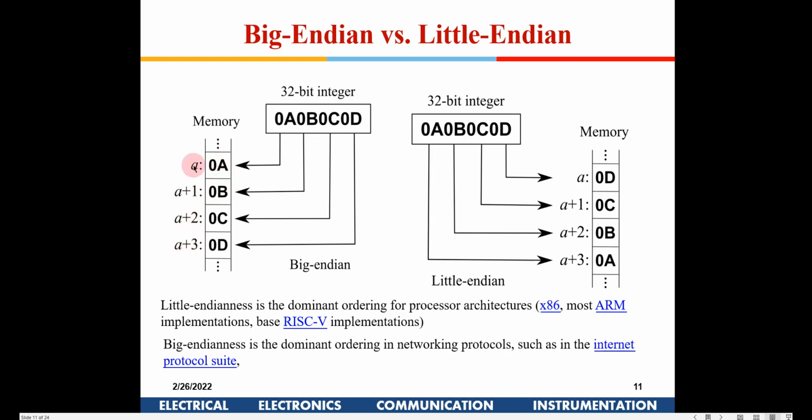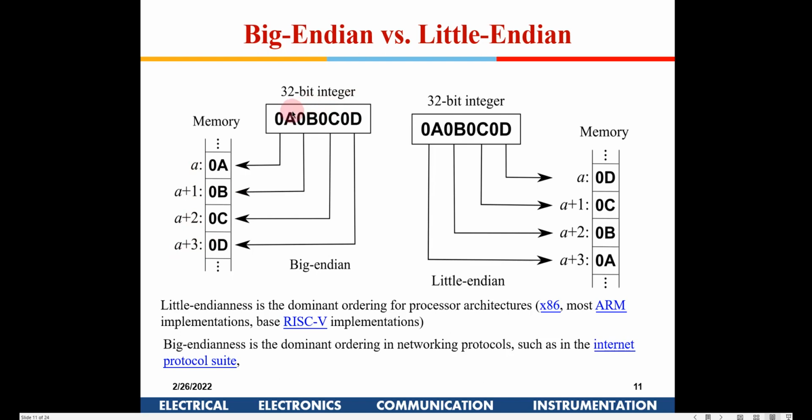So in the lowest memory, that is 2000, if I store the MSB, and in the next memory 2001 the next significant byte, and in 2002 the next significant byte, and the least significant byte you put in the highest memory.